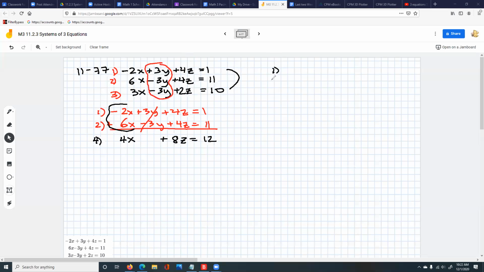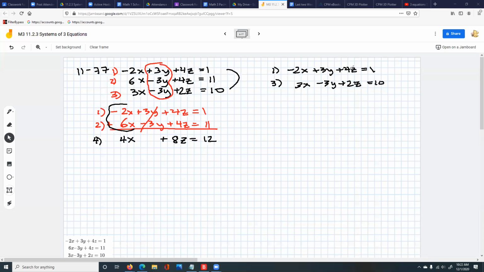Equation 1 is negative 2x plus 3y plus 4z equals 1. I'm going to add it to equation 3 here: 3x minus 3y plus 2z equals 10.